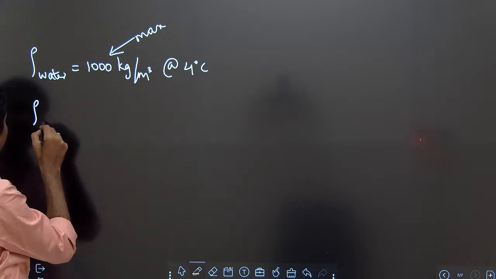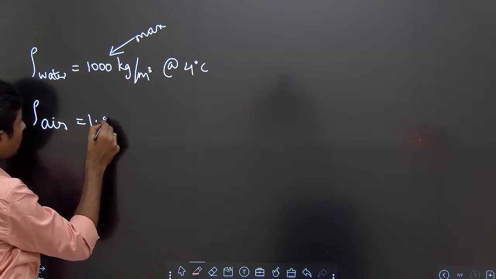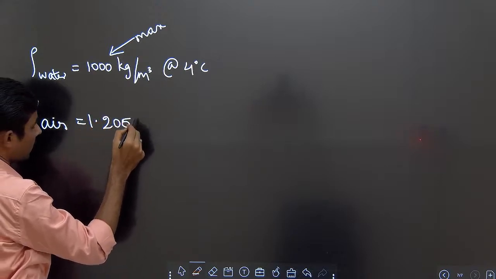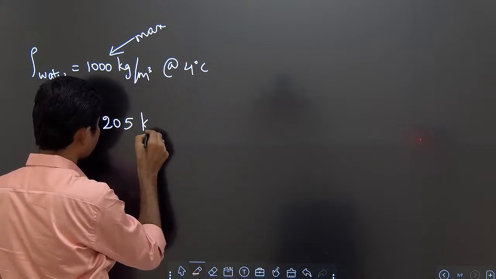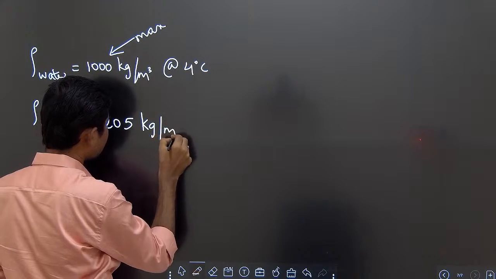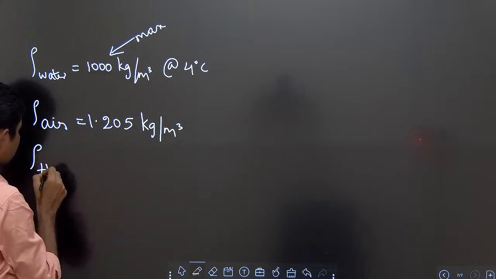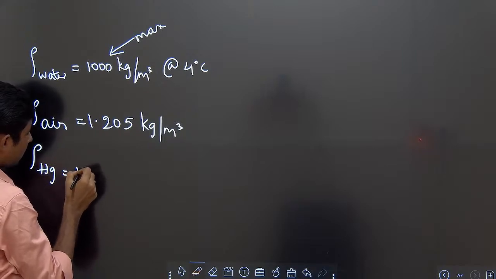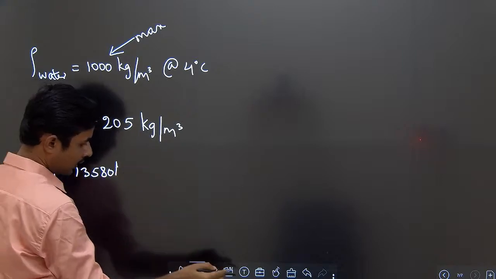Next, density of air is 1.205 kg per meter cube. Next, density of mercury is 13,580 kg per meter cube.